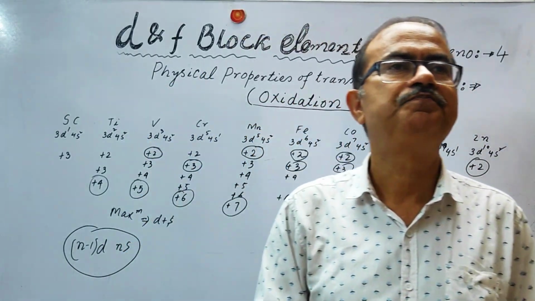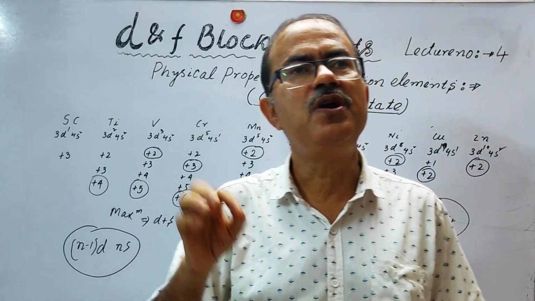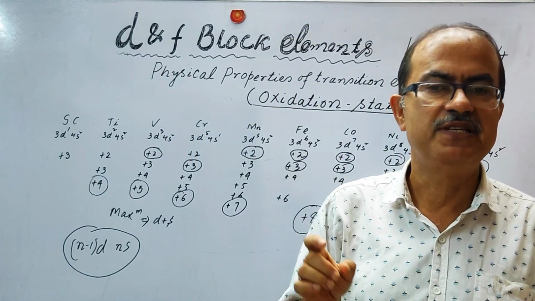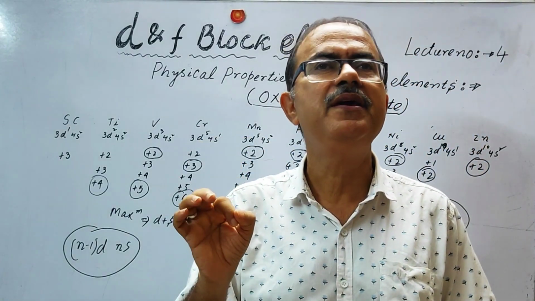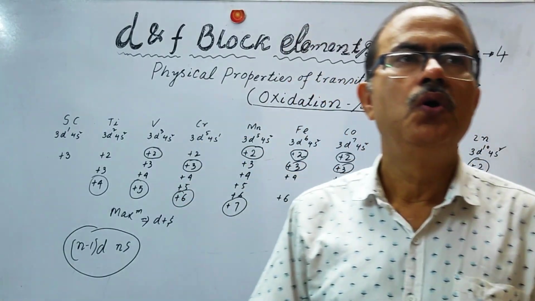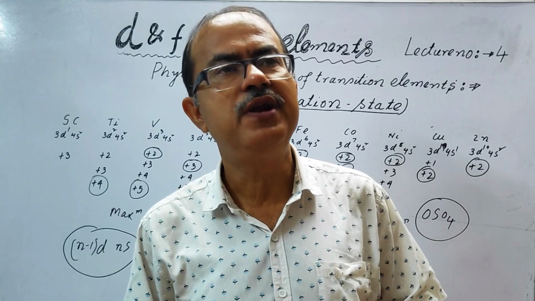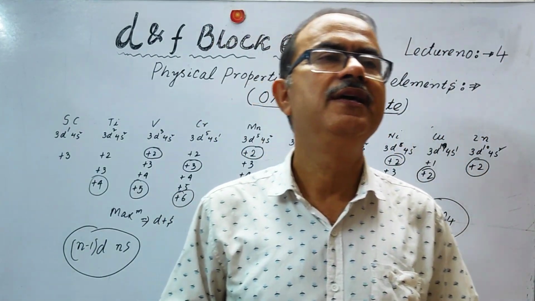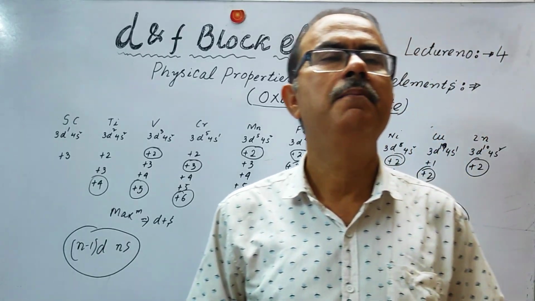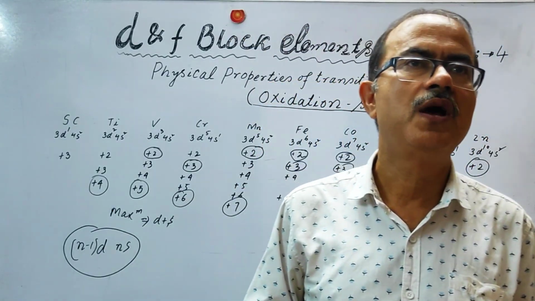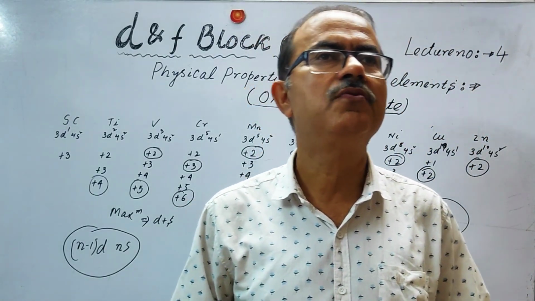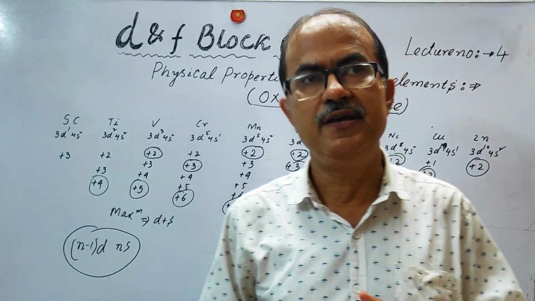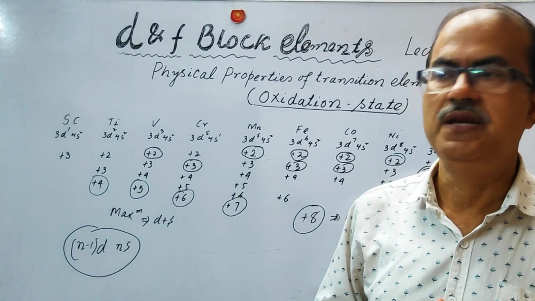This is because these two elements, fluorine and oxygen, are very electronegative. Due to these highly electronegative elements, oxygen and fluorine, their compounds show the maximum oxidation state. So now we understand, with reference to different compounds, how the oxidation state is manifested in these compounds by those elements.